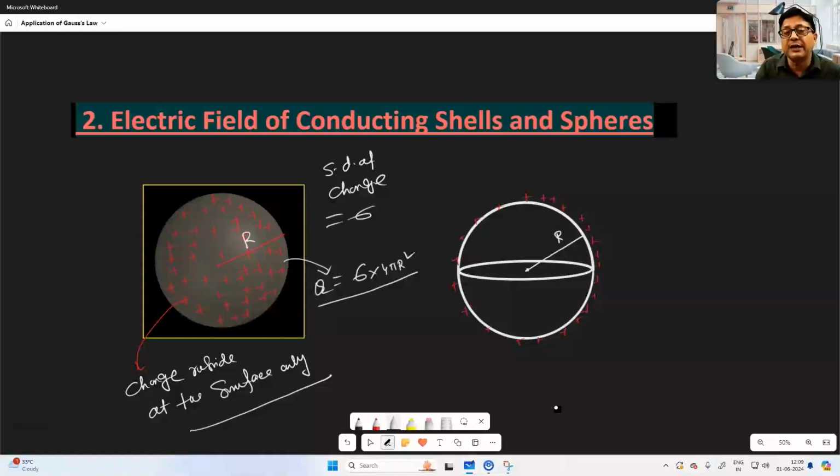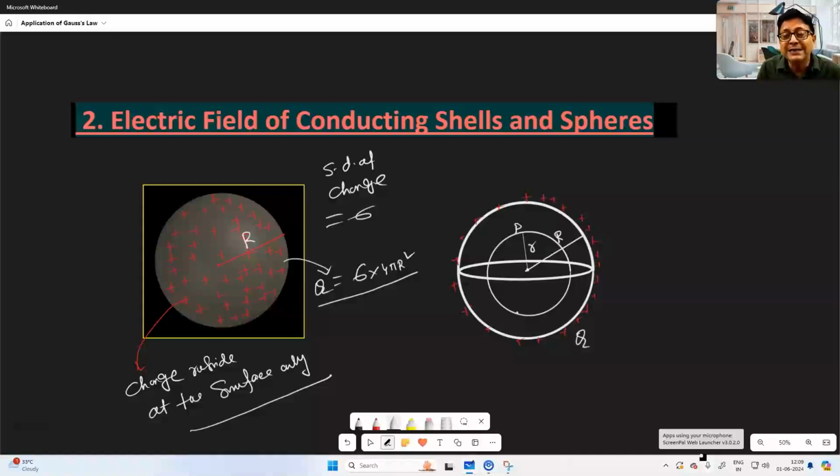Let us find the electric field inside the sphere at a point P like this. So spherical symmetry, we need to draw the Gaussian surface like this, a concentric spherical shell. This concentric spherical shell has radius smaller. And according to the principle of charging, charge resides on the surface only.